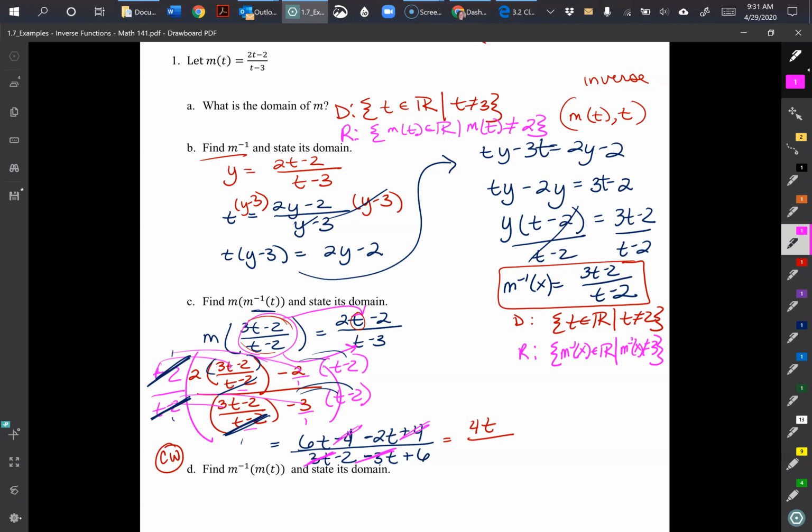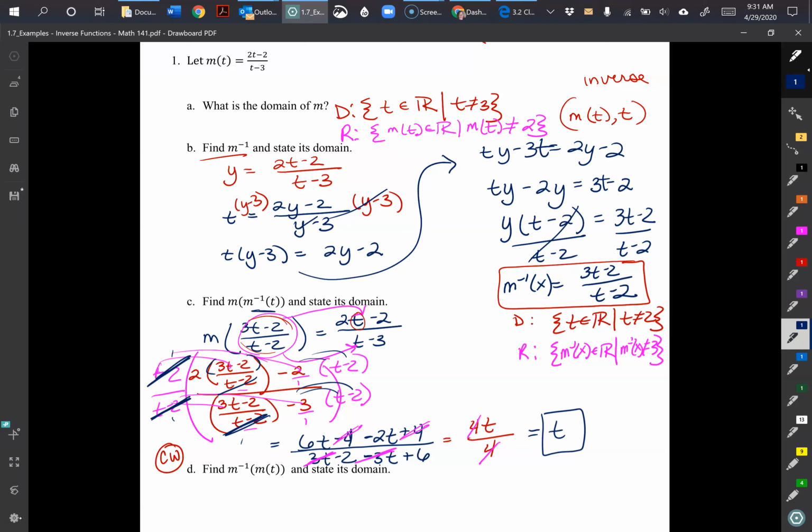And I get a 4. Kind of jumped the gun on what I was saying. And now those reduce. Remember, that's what we want to happen. So don't worry about that. That's a good thing. And then I'm left with t ultimately. So that means I actually did my calculations correct in figuring out my inverse.